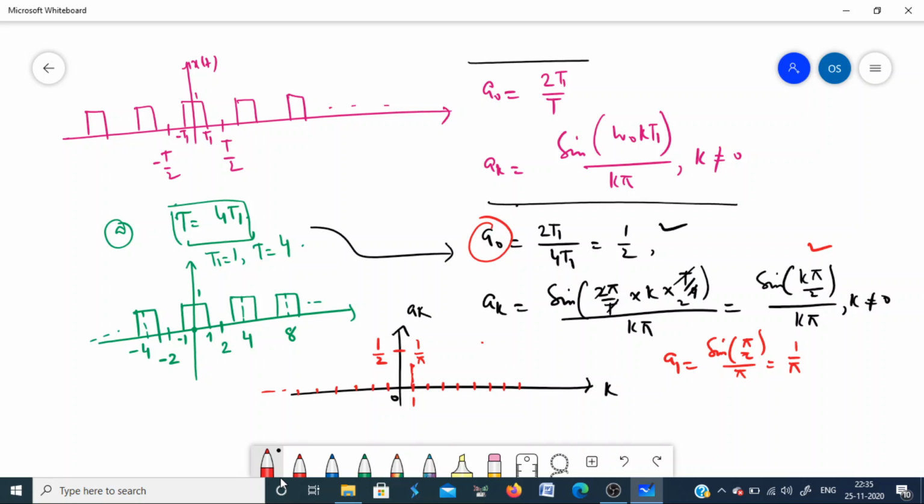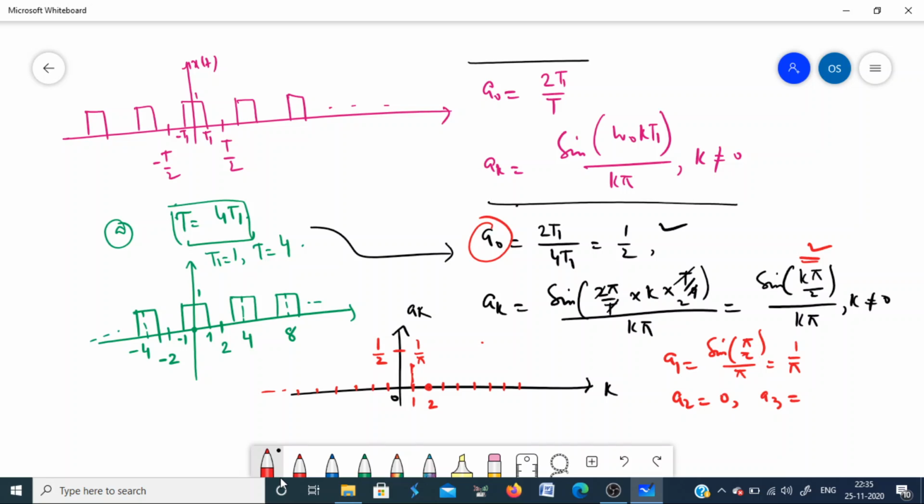Then for k equal to 2, you get sine of pi. Sine of pi is 0, so a2 is 0.